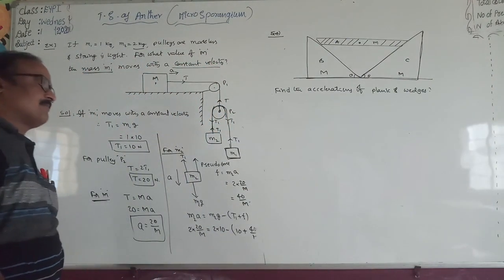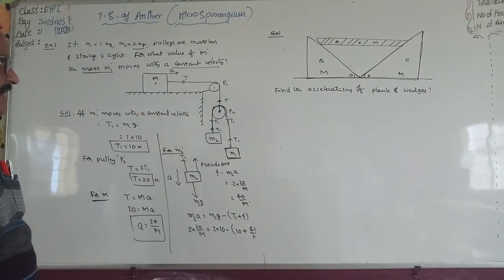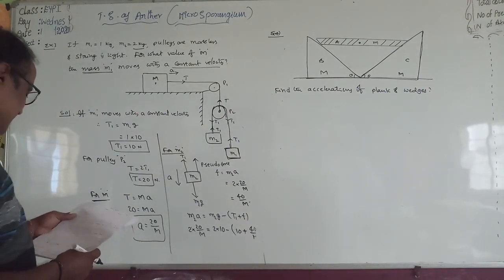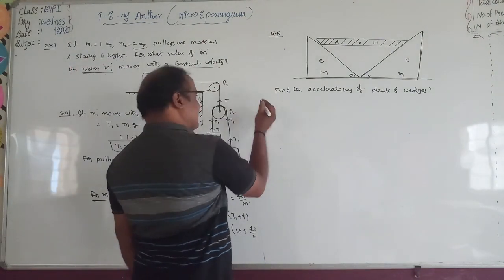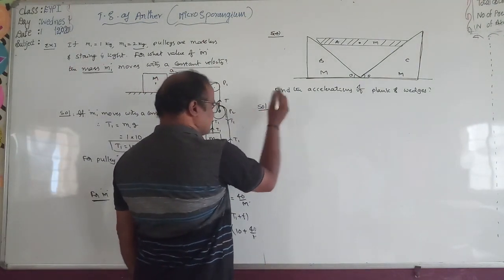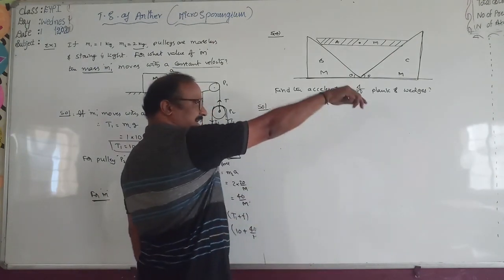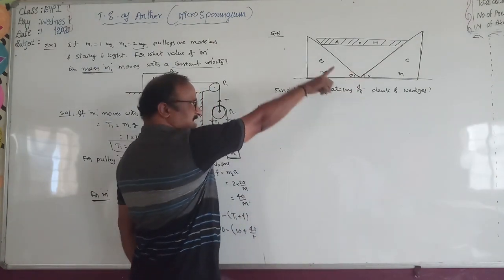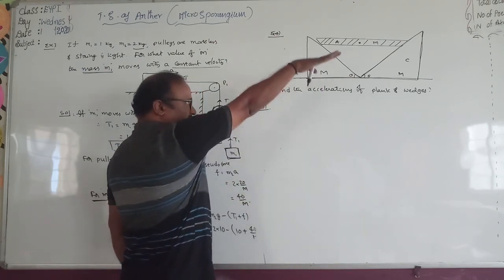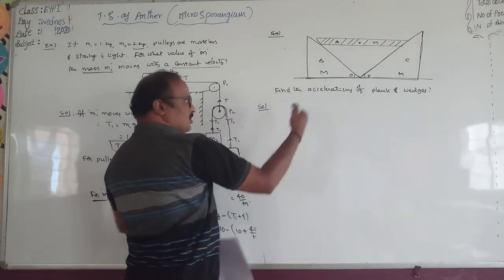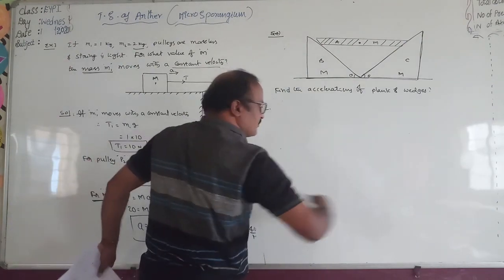In the question, they may ask to find the acceleration of the plane. Again, to find the acceleration of the plane and also the wedges, see here, what is the direction of motion of the plane? As it is released, it moves down. When it comes down, B and C both move away from one another along the horizontal direction.